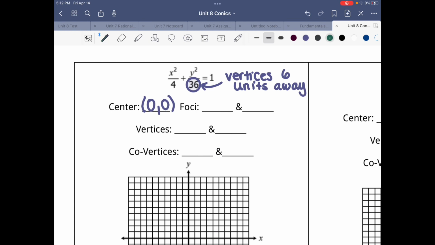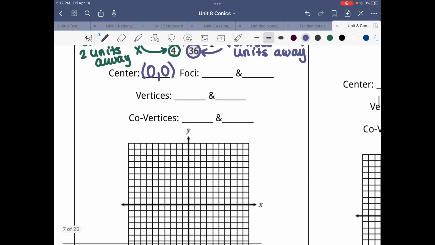The fact that the other denominator is 4, and the square root of 4 is 2, means that the co-vertices are 2 units away. And since this co-vertex one that I just wrote is underneath X, that goes along the x-axis, and the vertices go along the y-axis.